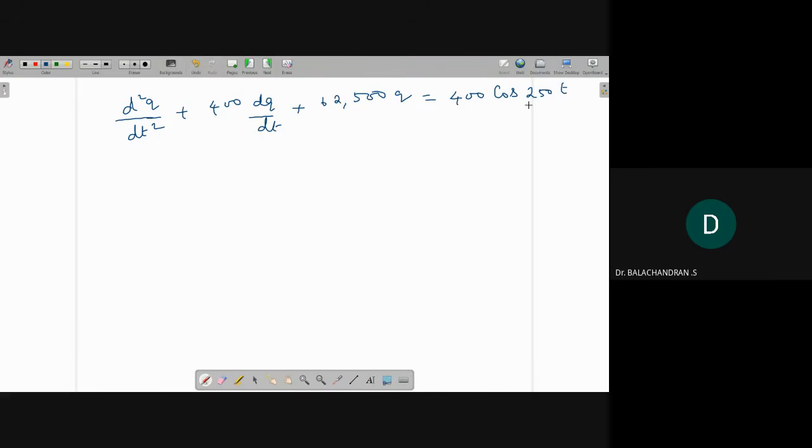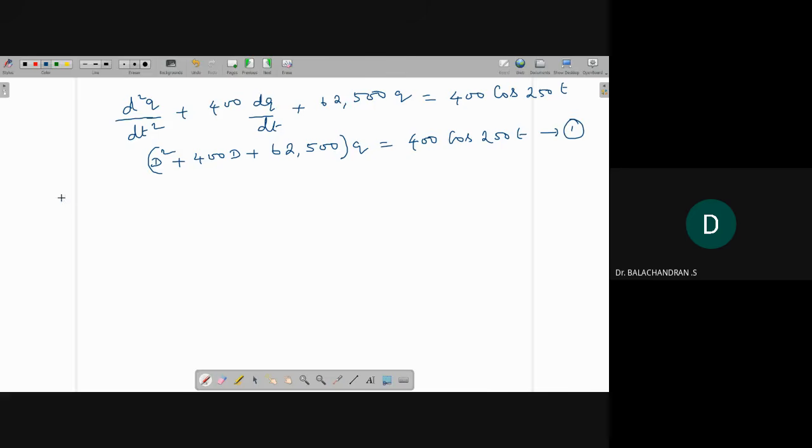Now just rewrite this equation: D square plus 400D plus 62,500 into Q equal to 400 cos 250t. This is equation 1.